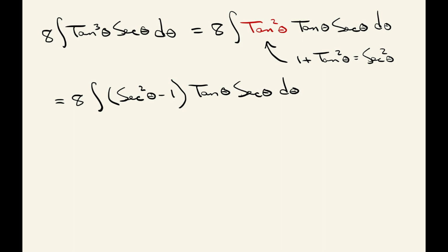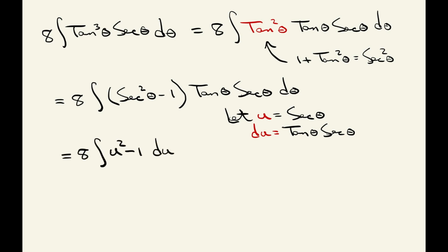This gives us a very simple integral in disguise. By letting u equal secant theta, we see that du is equal to tan theta secant theta d theta. Therefore, our new integral can be written as 8 times the integral of u squared minus 1 du.